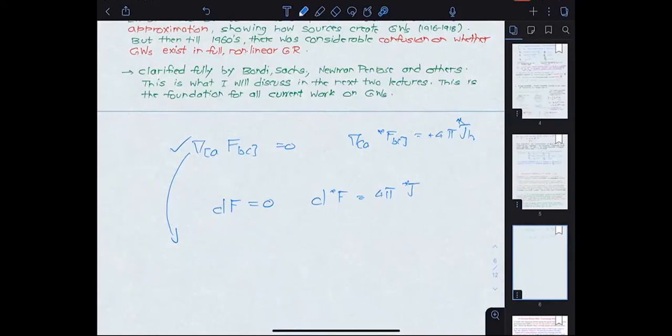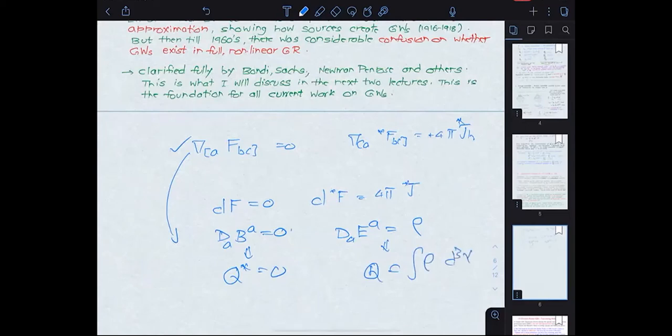So the usual way we say is that one of the components, the time component of this equation, would be d A E A equal to the electric charge density rho, but d A B A equal to 0. This implies that magnetic charge is 0, whereas electric charge is equal to the integral of rho d3x.